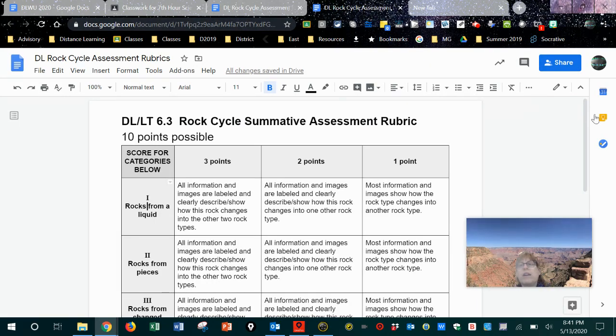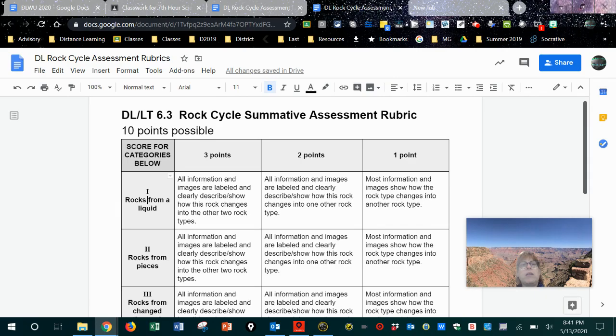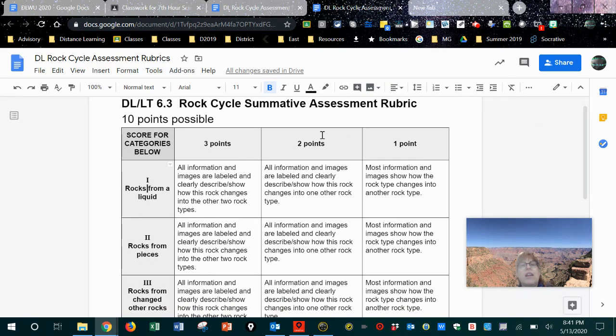So here's the rubric, and the assignment is 10 points, and each part of the rubric is repeated. So everything I have for category 1 is the same as category 2 and the same for category 3. So I'm just going to read through the 3-point part and just know that it would be a little less for 2 or 1. So you need to talk about the rocks that come from a liquid.